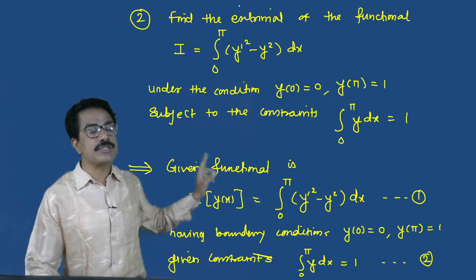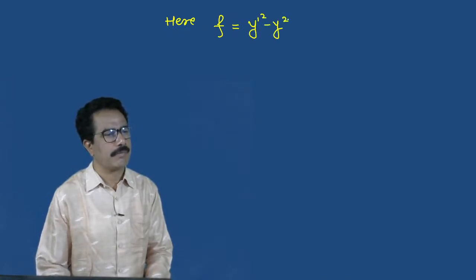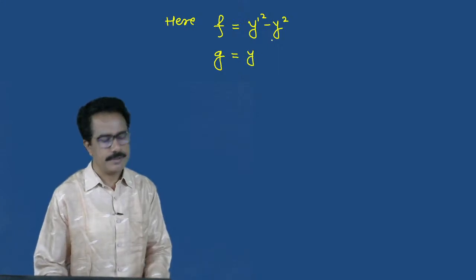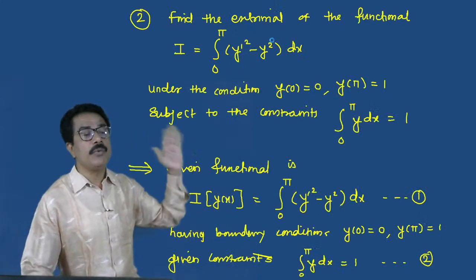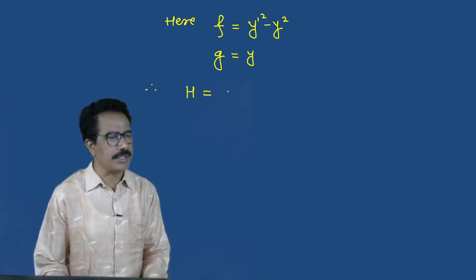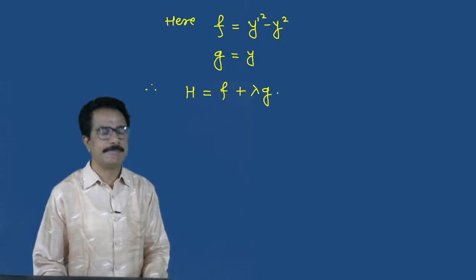f means y dash square minus y square, g means y. See this f and g. Now we can define, therefore, h is equal to f plus lambda g.